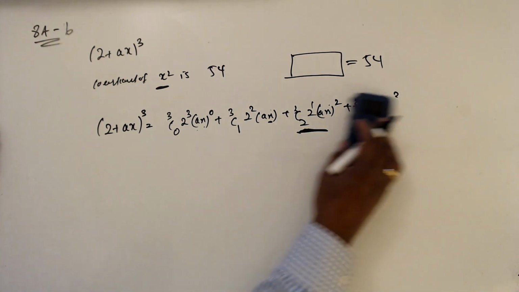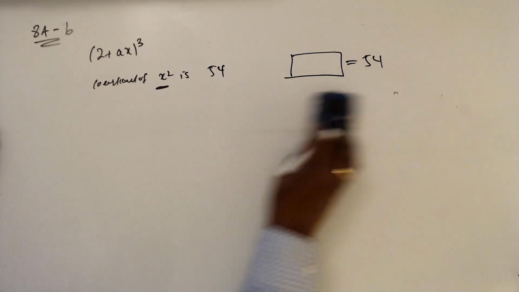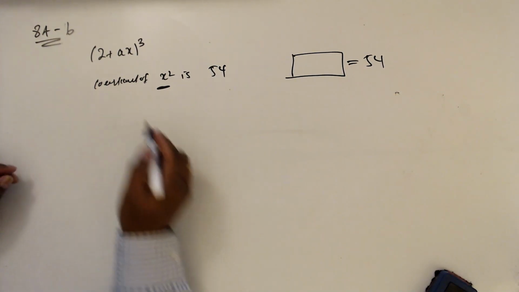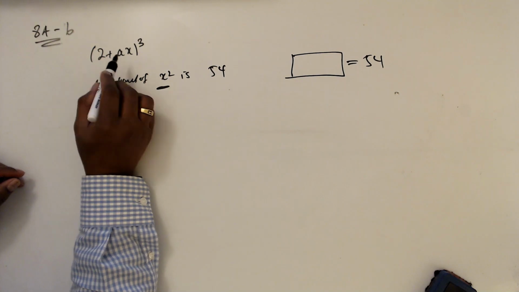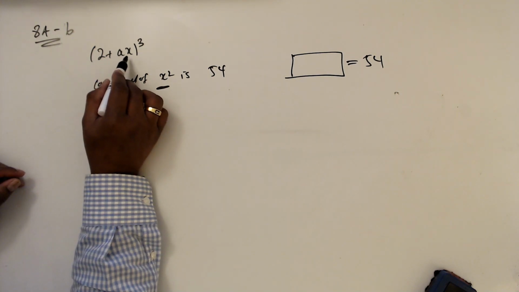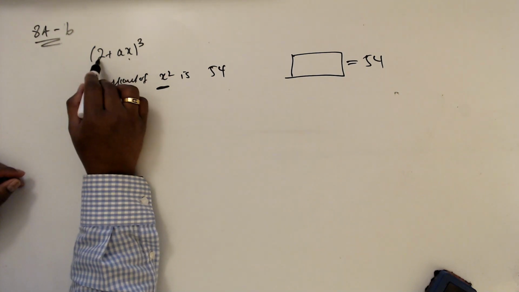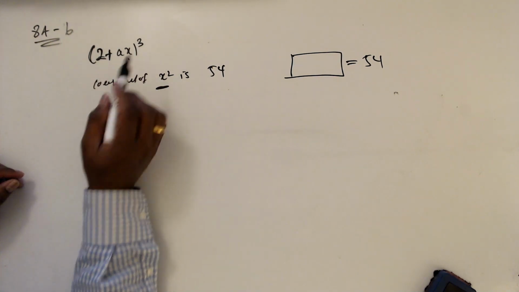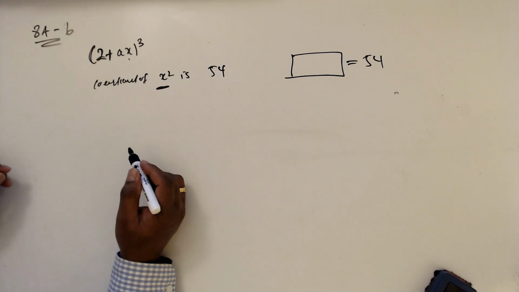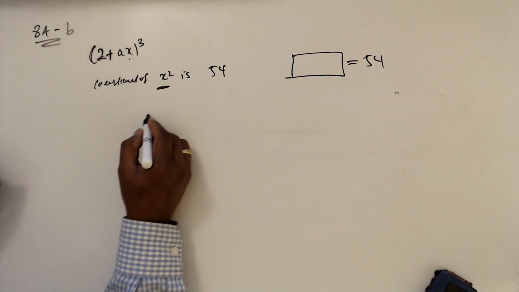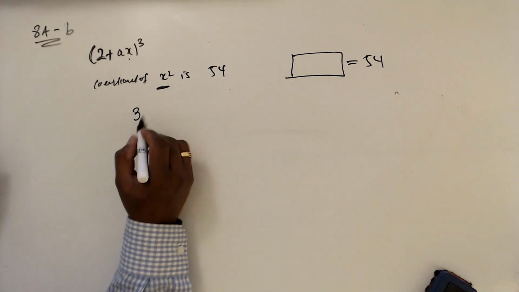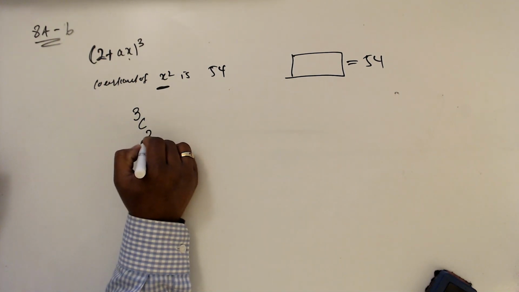Right? So we should not write everything. It's a waste of time. So we will check whether it is in the right order. Yes, x is on the right side of this number, then it's fine. There are no negatives, that's fine. And then we can write 3C2, and this is the term 2.